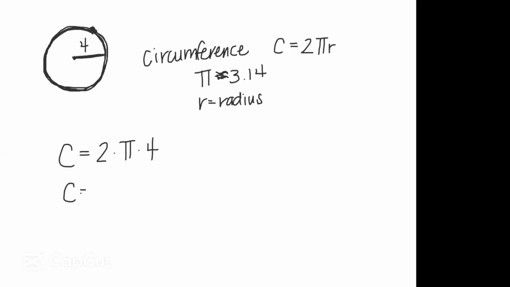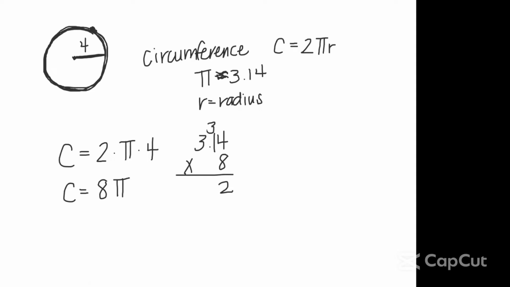So this could either be 2 times 4 is 8 pi, which is a possible answer choice, or it could be 8 times 3.14. 24 plus 1, 25. Two numbers behind the decimal point, two numbers behind the decimal point.